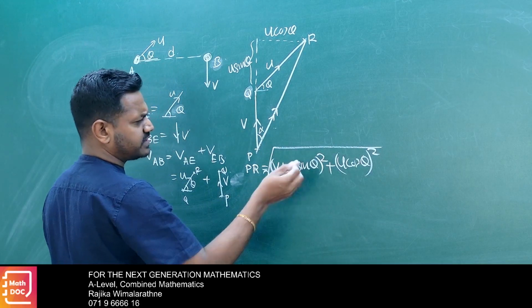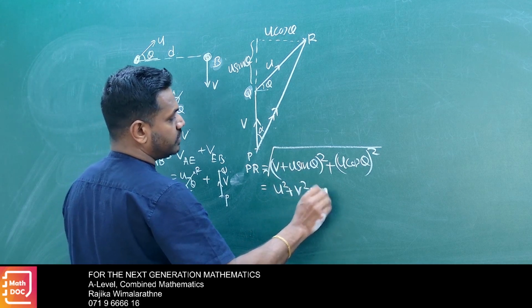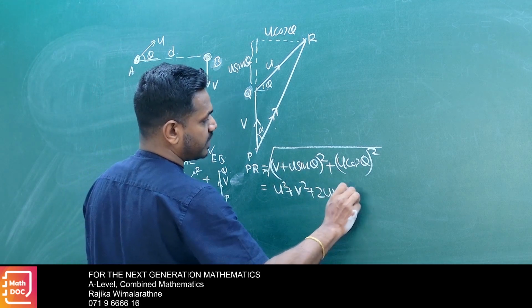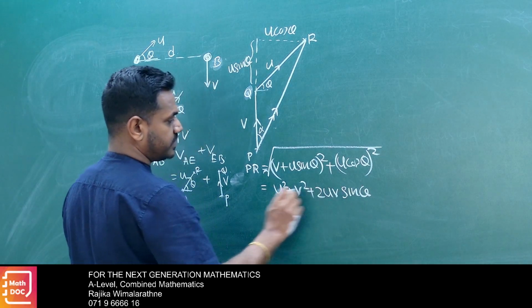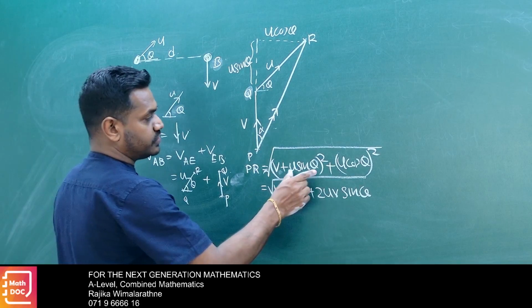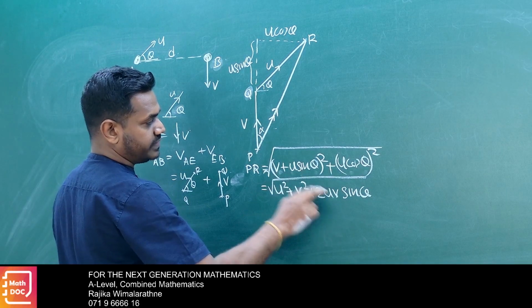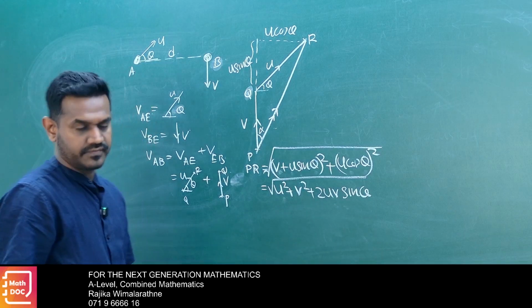Then you can simplify this now. We get U squared plus V squared plus 2UV sin theta. I did this the direct way, so you expand and complete. Here V squared, U squared sin squared plus U squared cos squared will be U squared only. Then 2UV sin theta will remain.